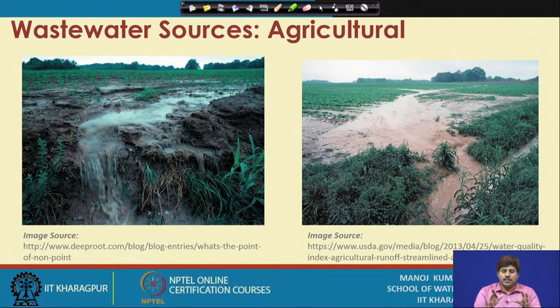So, these are the different sources and types of wastewater we normally encounter as an environmentalist or environmental engineer, and when we talk about the treatment or recycling aspects, we have to deal with such waters arising out of the different sources.